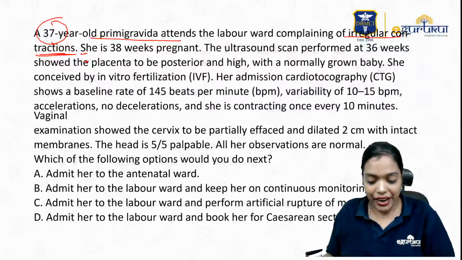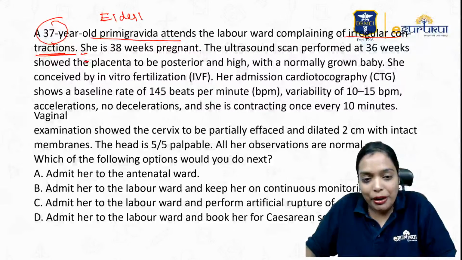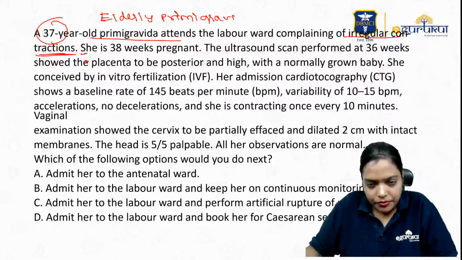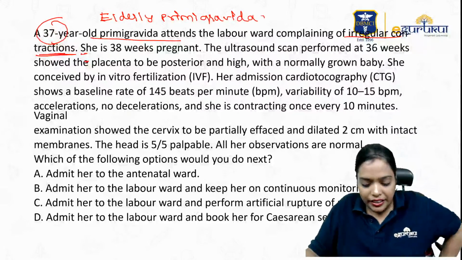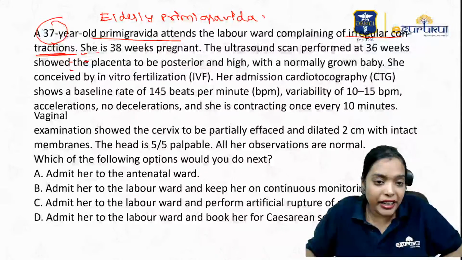Is that combination fine for all of you? Definitely not. So a 37-year-old primigravida means she's an elderly primigravida. She is 38 weeks pregnant.